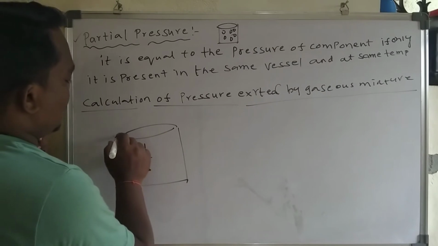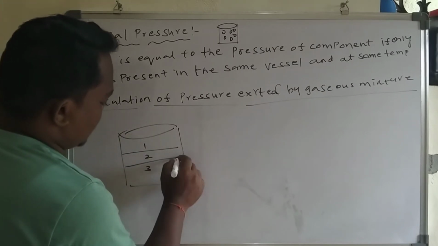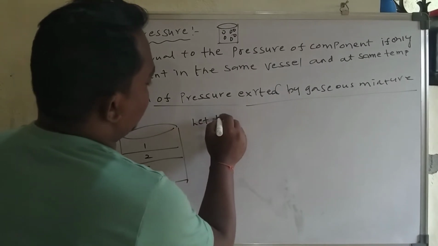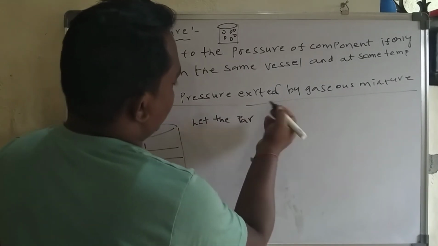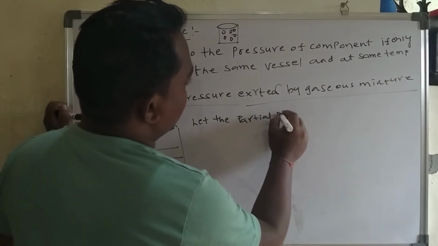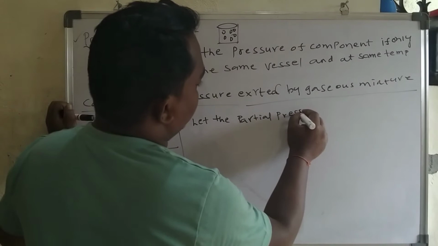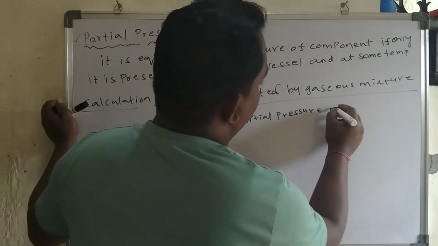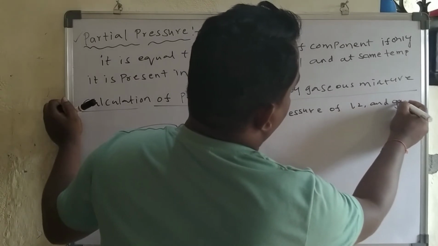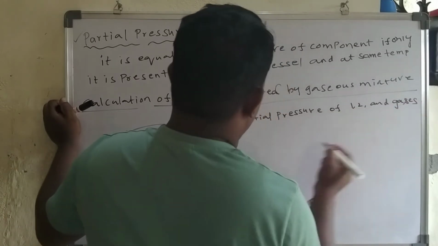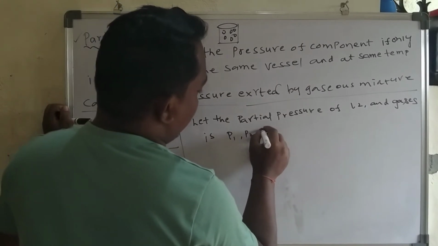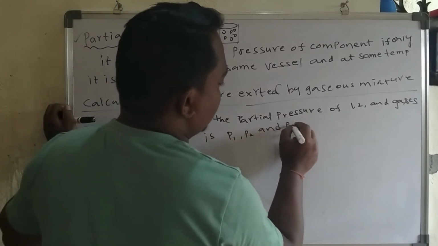So let the partial pressures of the gases 1, 2 and 3 be P1, P2 and P3.